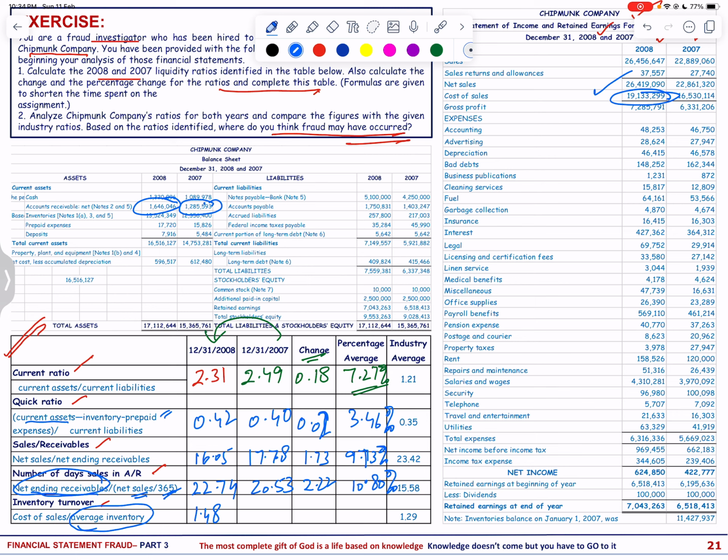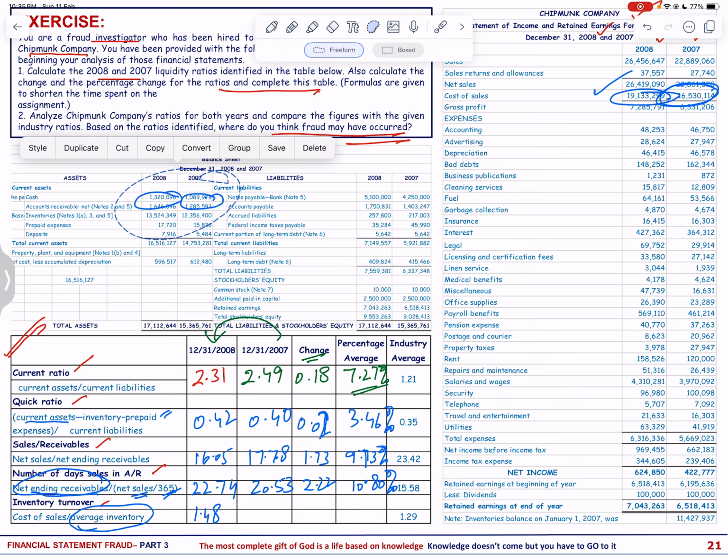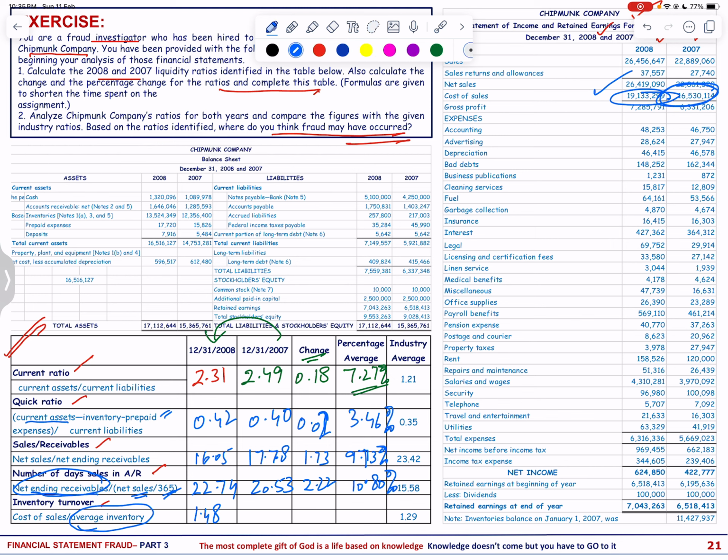For 2007, again we have the cost of sales for the year 2007 divided by the average inventory. Now the ending inventory for 2007 is 12,356, and the beginning is 11,427.